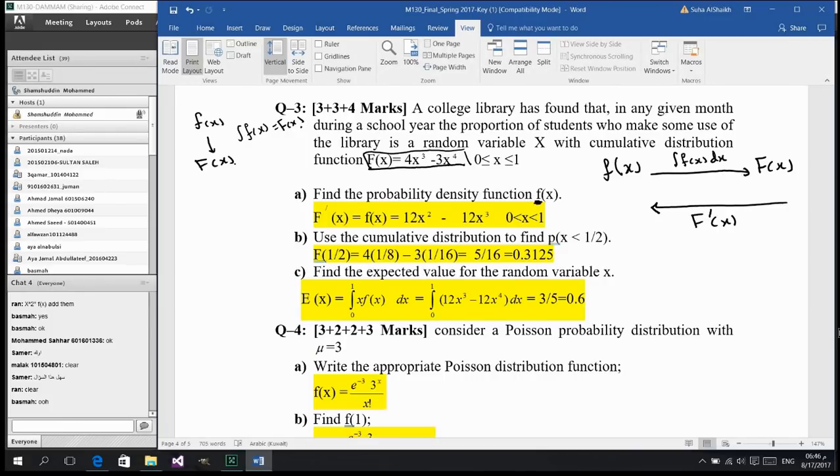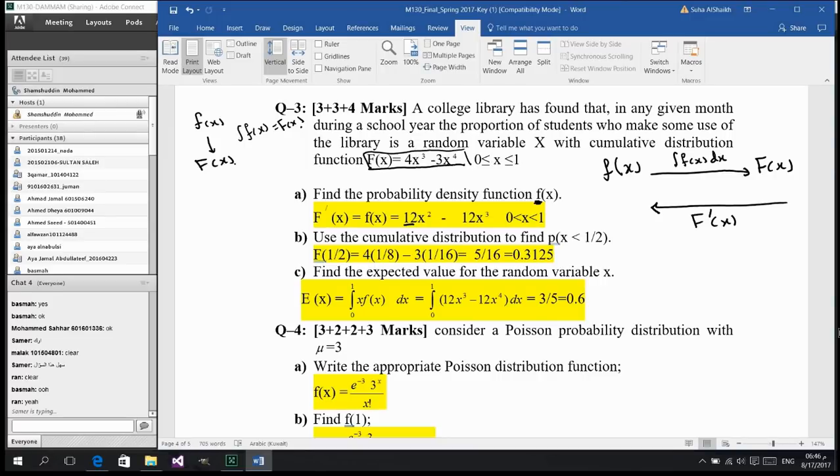So just find the derivative. The derivative is 3 goes down, multiply with 4, it's 12 x squared. You remember in the slides, I gave you some rules of the basic derivative. Go back to them, make sure that you can do this basic derivative thing.